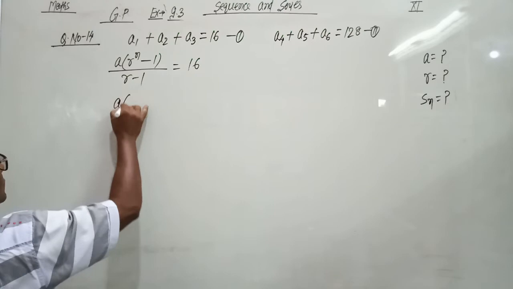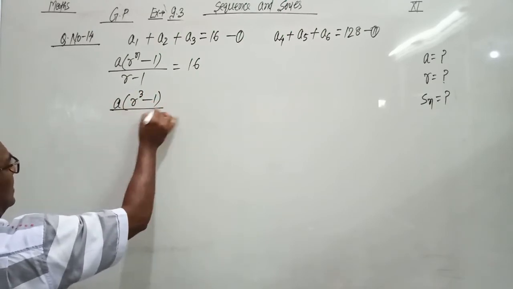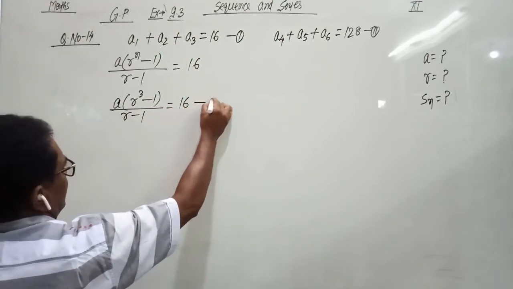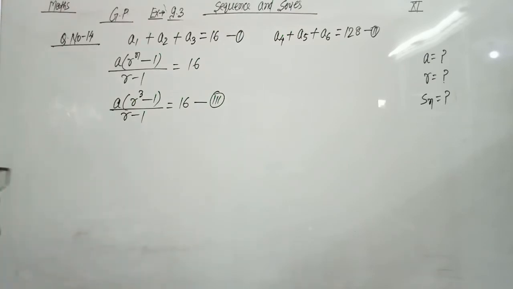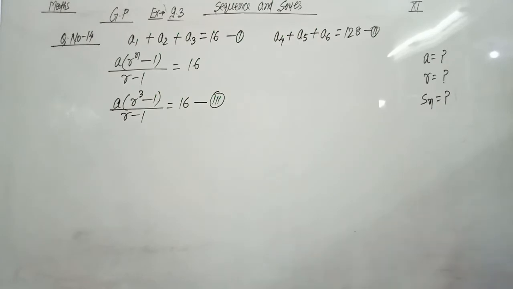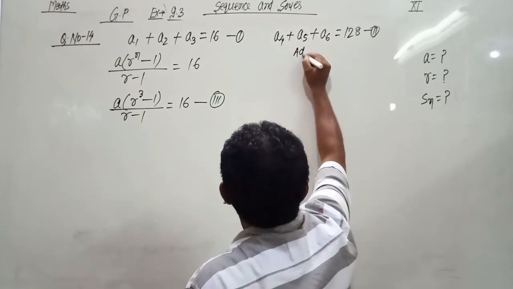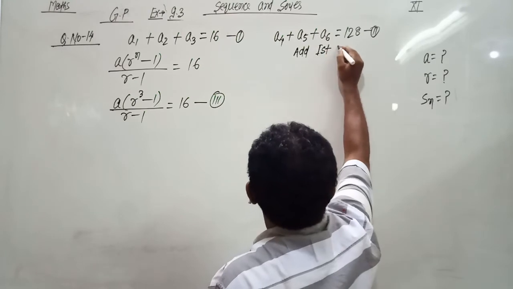So A into R raised to the power 3 minus 1 upon R minus 1 equals 16. Name it equation number 3. Now from the second, we are given the next 3 terms. So add the first 3 terms.